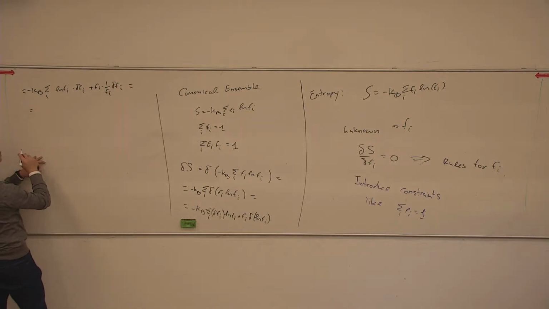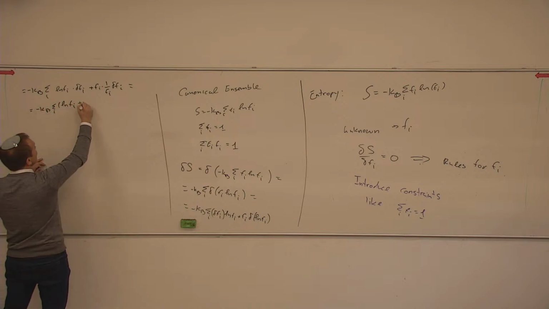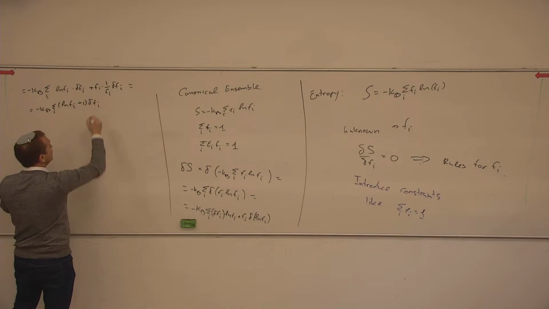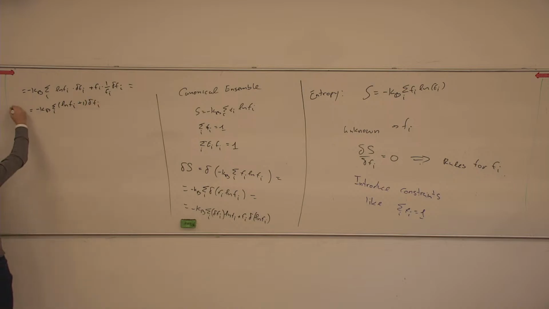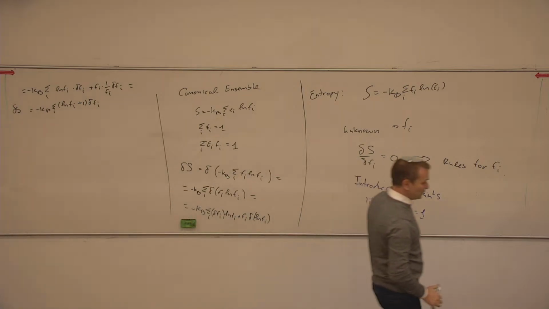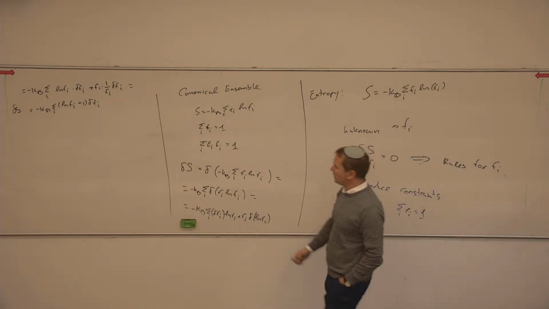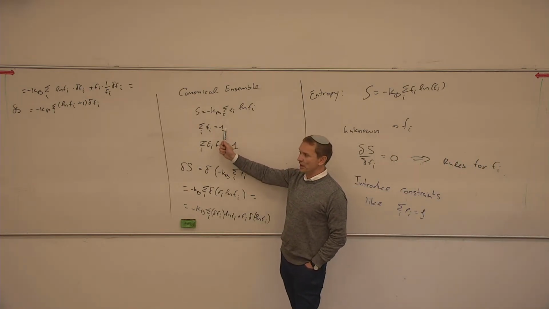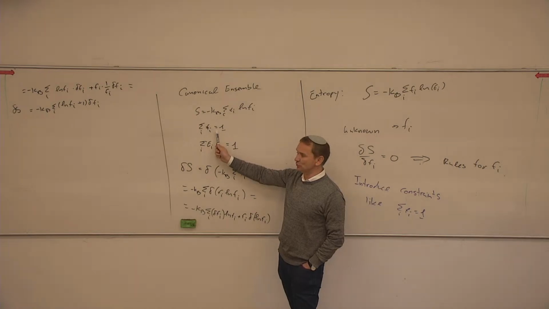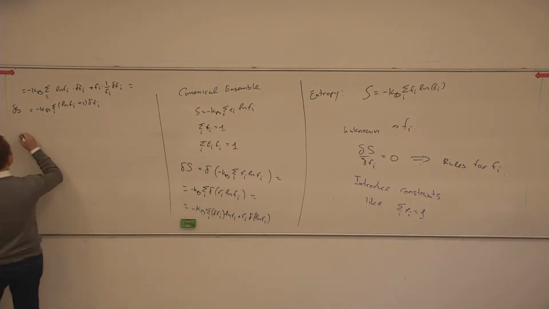And all in all, we obtain that it is minus k Boltzmann sum over i of log f_i plus 1 delta f_i. Okay. So this is delta S. Now, because we are going to use Lagrange multipliers, we need to take the variation also of the constraints. So we have to find the variation of this guy and the variation of that guy. Okay. So the variation of the sum, it's easy.